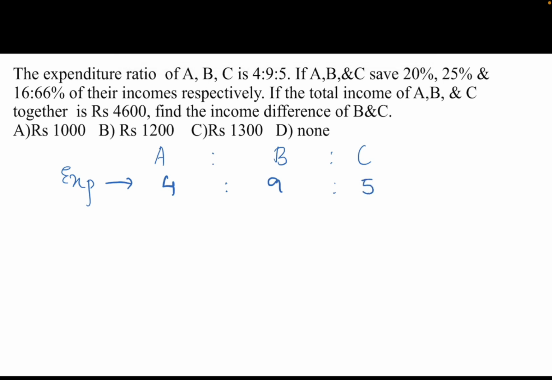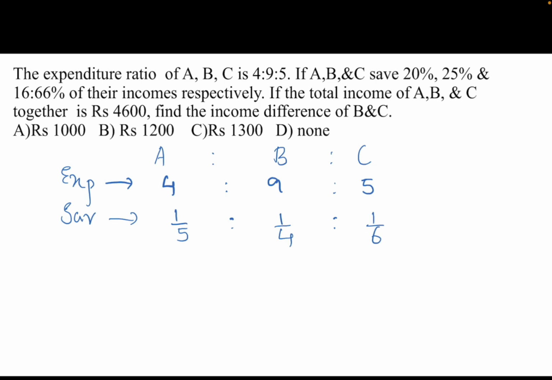If A, B and C save 20%, 25% and 16.66%, so savings ratio is how much? 20% is nothing but 1 by 5. Then 25% is 1 by 4 and 16.66% is 1 by 6. This we have seen in percentage. Okay, in fraction form I have written.